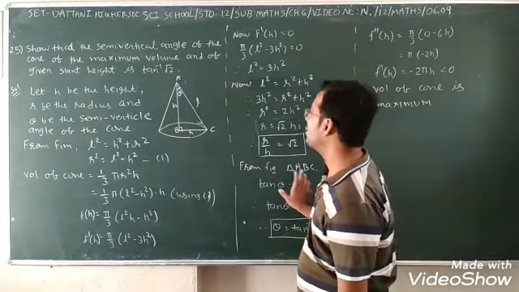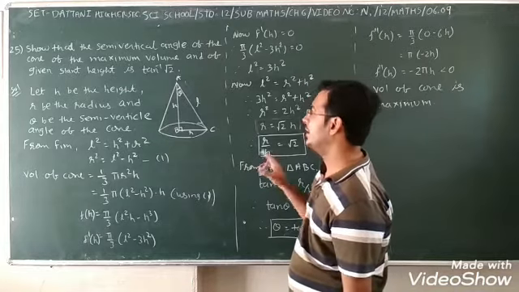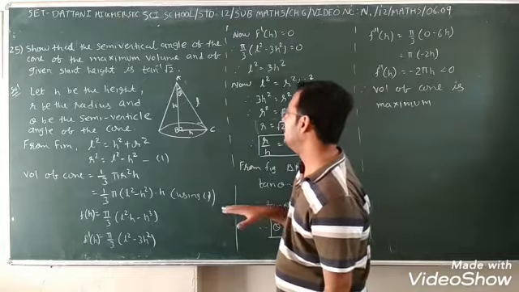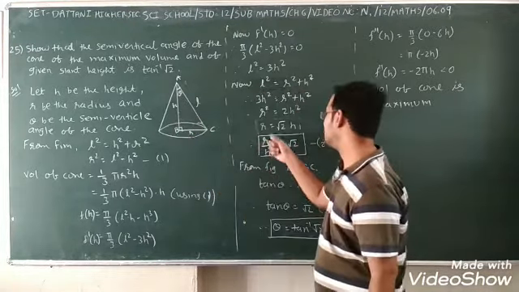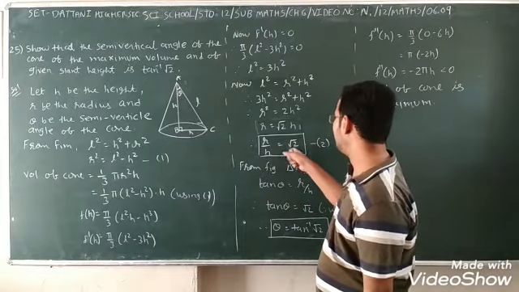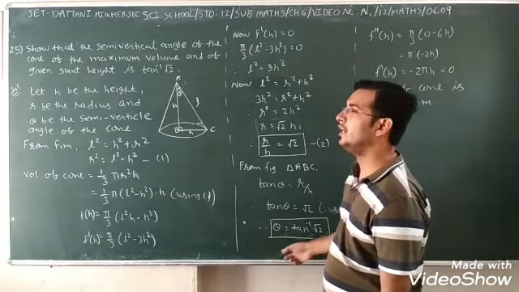Now I want to prove theta is equal to tan inverse root 2. So I need tan theta. Tan means what? R by h. So we just subject r by h is equal to root 2. Tan theta is equal to r by h. R by h is equal to what? Root 2. So theta is equal to tan inverse root 2. We prove it.